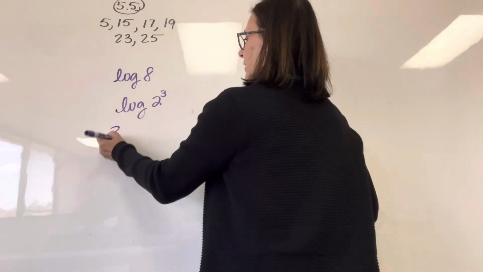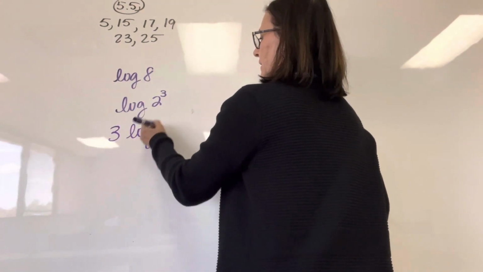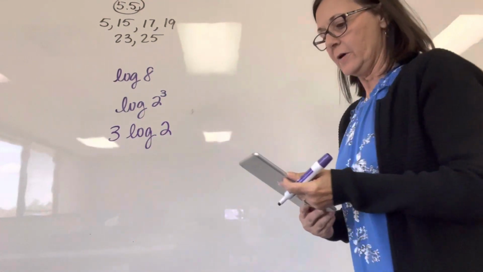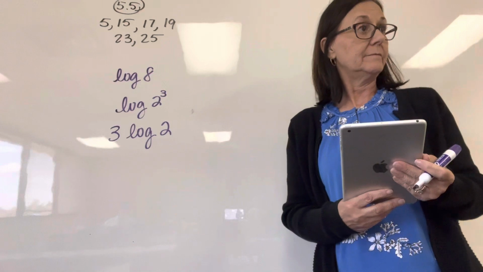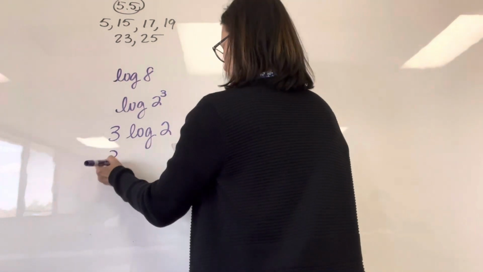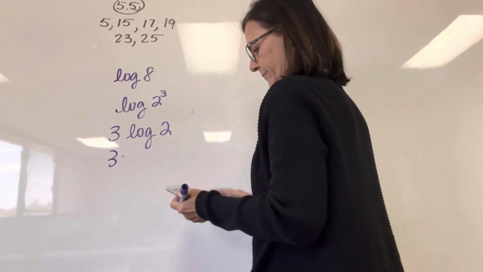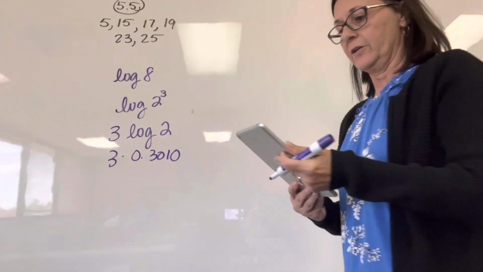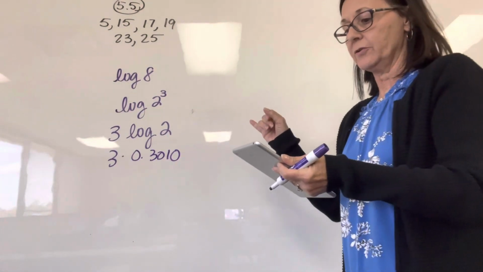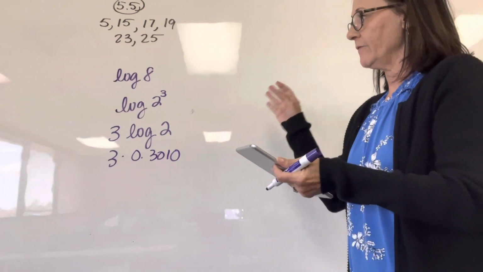So that's 3 times the log of 2. And the log of 2 is given. So it's 3 times 0.3010. You had to figure out, I have to use 3, 7, 5, or 2.